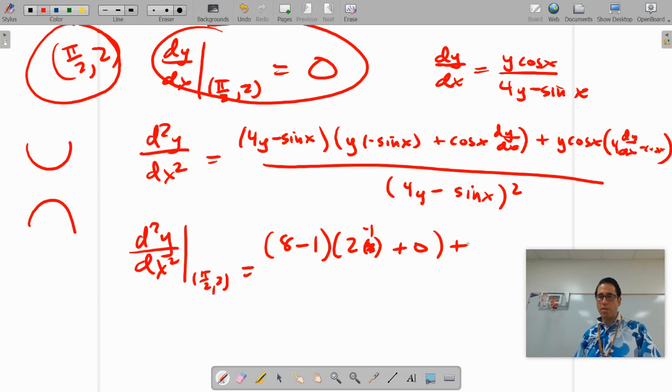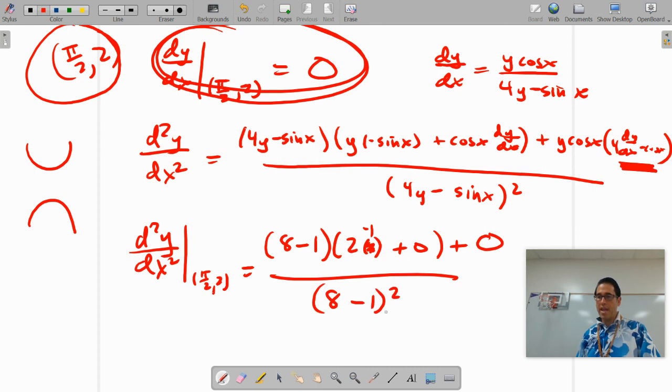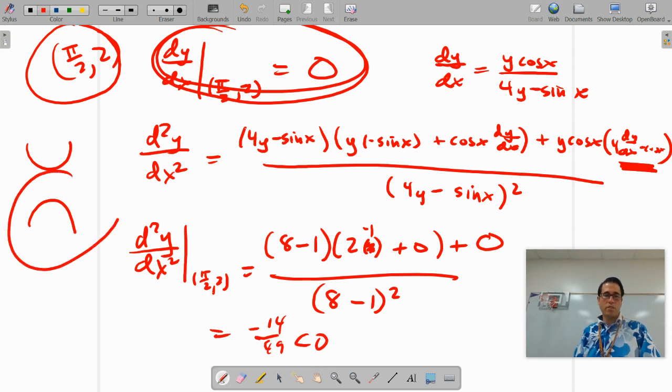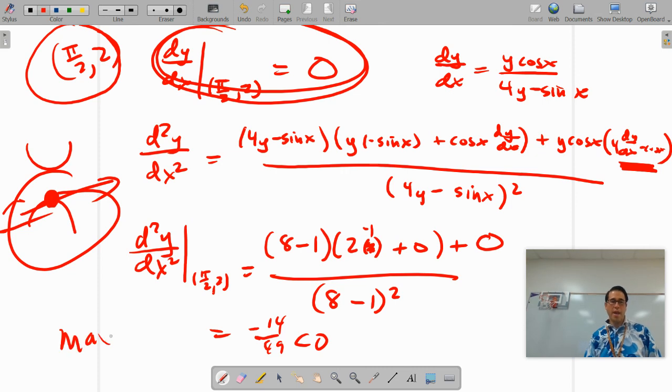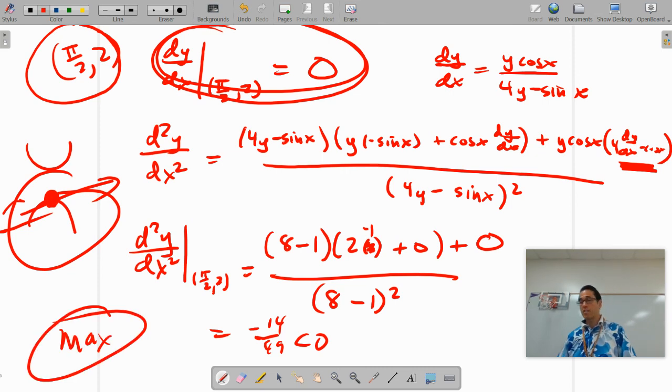Oh, look at this, this whole thing is going to be 0 because dy/dx is 0 and cosine of pi over 2 is 0. So that whole thing zeros. And then it's all over 49. I know this is really sloppy, but it's not too bad. So I just get 7 times negative 1, negative 14 over 49, which is less than 0, which means it is going to be, whoops, no, I'm not doing an overestimate. It's going to be a maximum because the second derivative is negative.